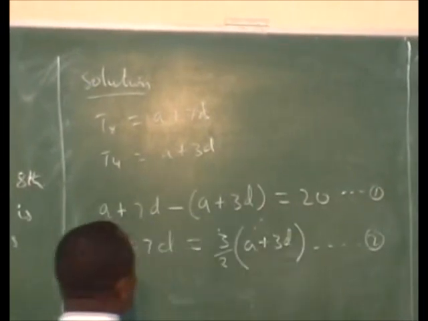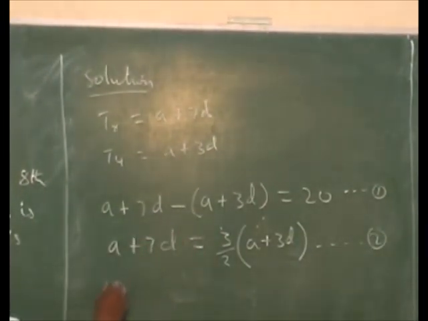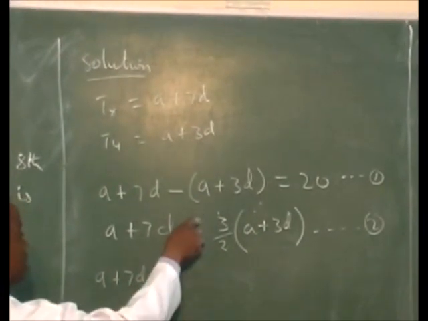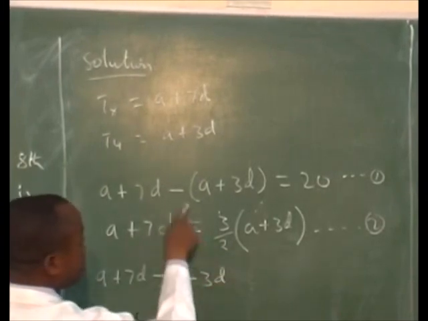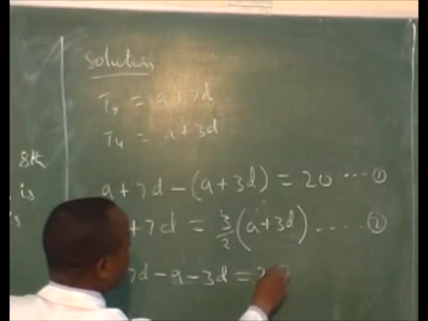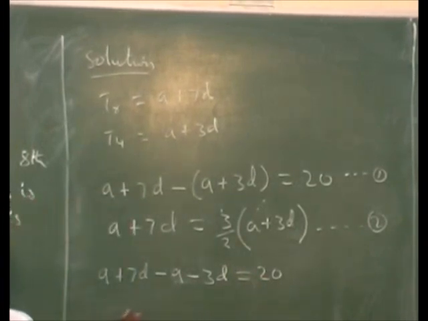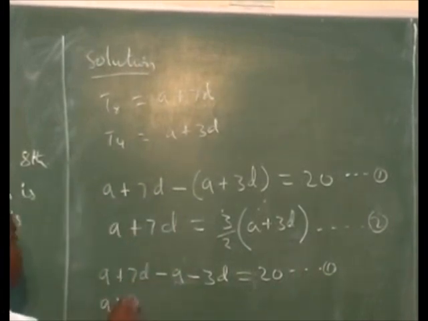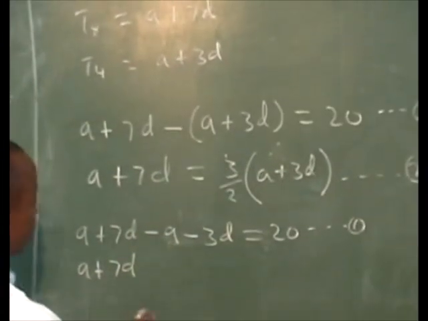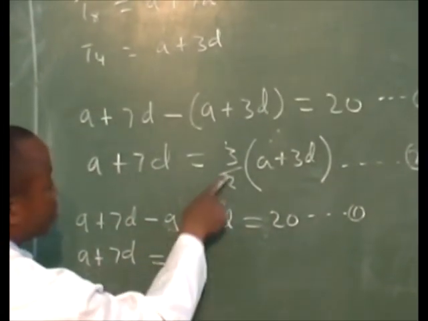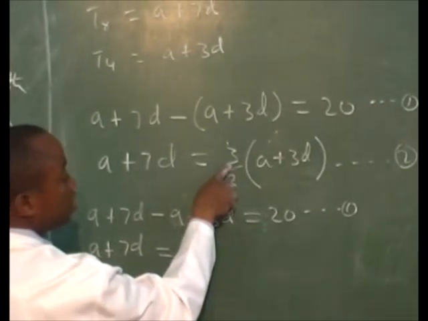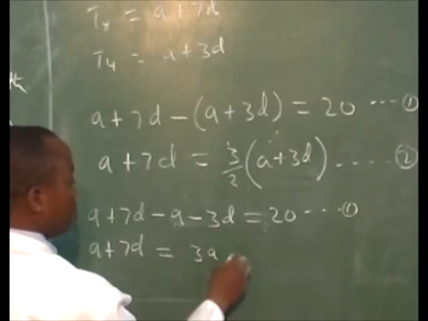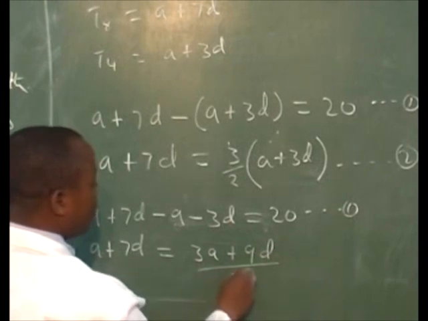It means that from 1, I will have A plus 7D minus A minus 3D will be equal to 20. Now call that one equation 1. Now for equation 2, I have A plus 7D will be equal to 3 times this, which will give me 3A plus 9D all over 2.